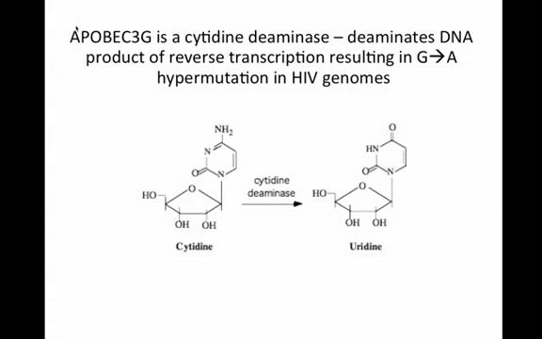This happens during reverse transcription. So HIV has an RNA genome, which is reverse transcribed to DNA, and the first step is a single-strand DNA molecule, and that's what's deaminated. And then when you complete making double-stranded DNA, you end up with a genome that has lots of G to A hypermutation.